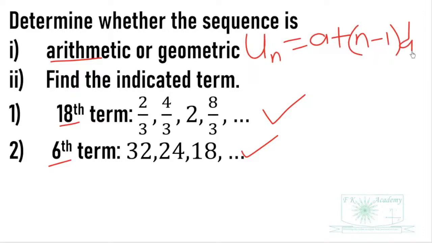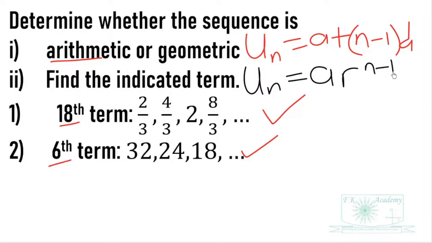But for geometric sequence, or geometric progression, we have u sub n equal to a times r exponent n minus 1, where a is the first term and r is the common ratio. So these are the two things you have to take notice of.